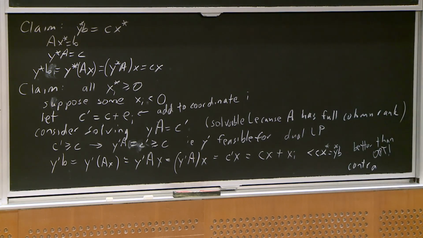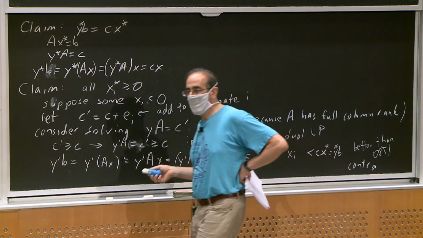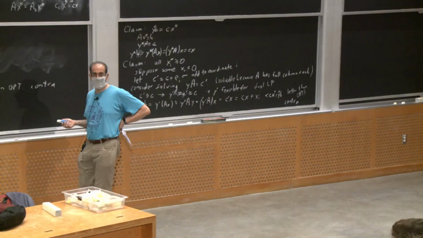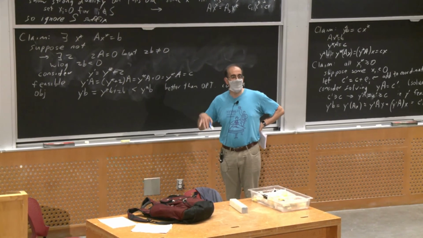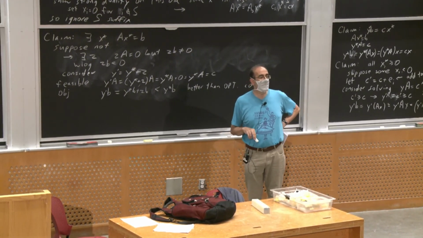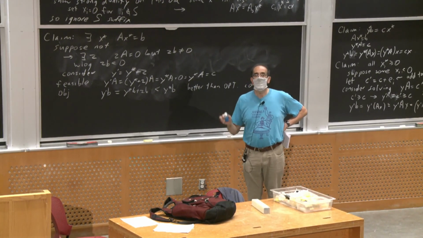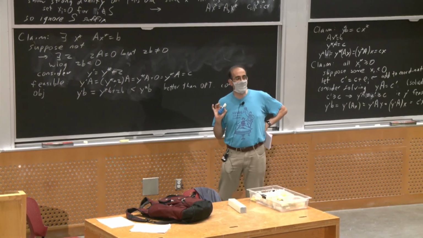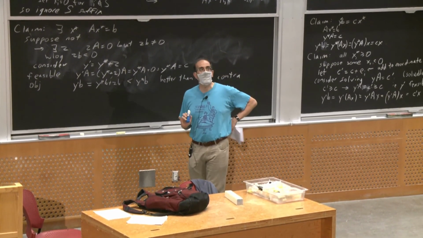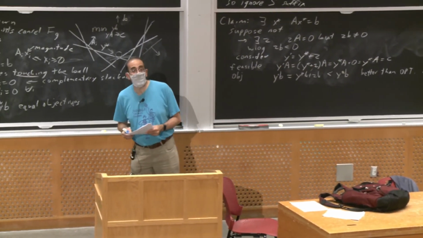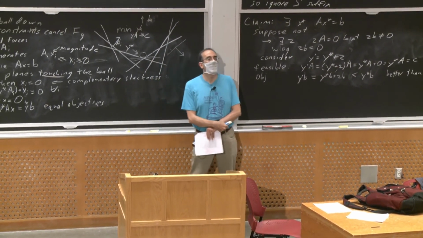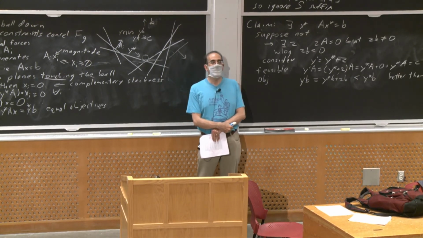So that tells us that actually all of the x's have to be non-negative, which tells us that the x star that we found by looking at the forces generated by the hyperplanes is a feasible x star for the primal linear program. And it has a matching objective value, and that proves strong duality. Okay. Any questions?